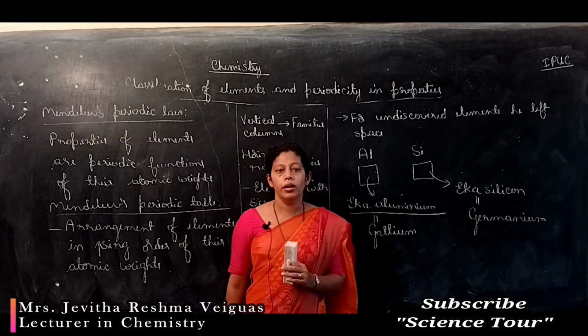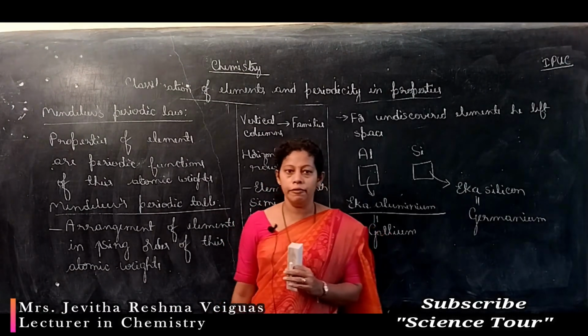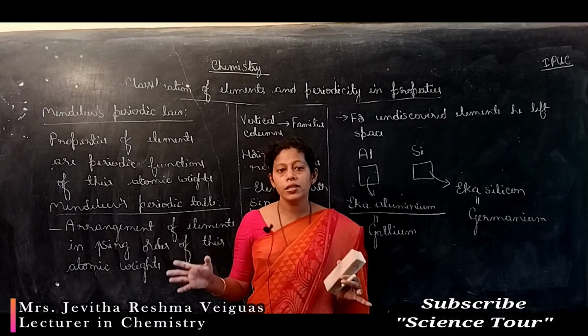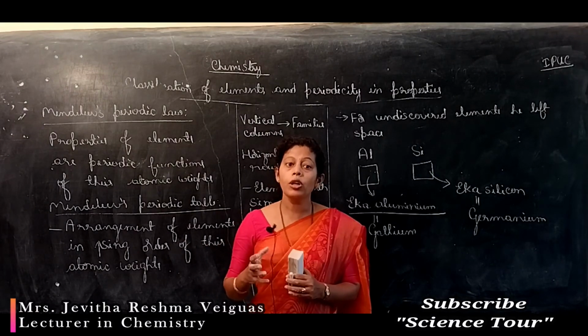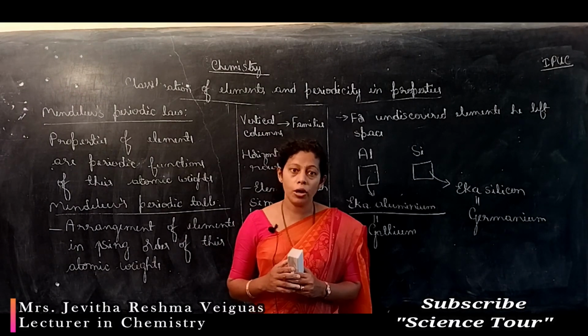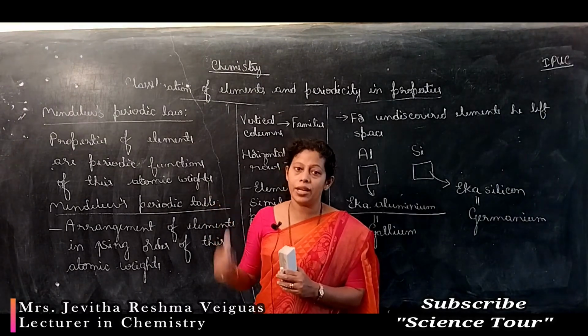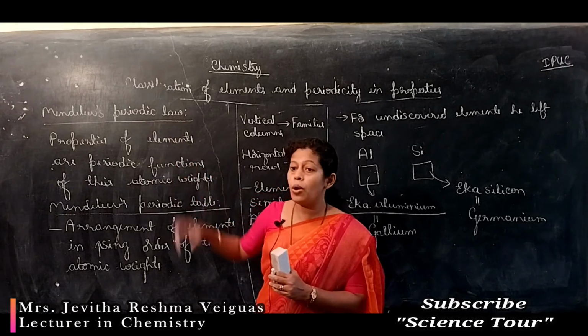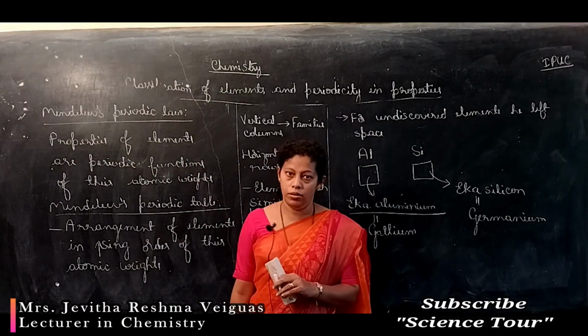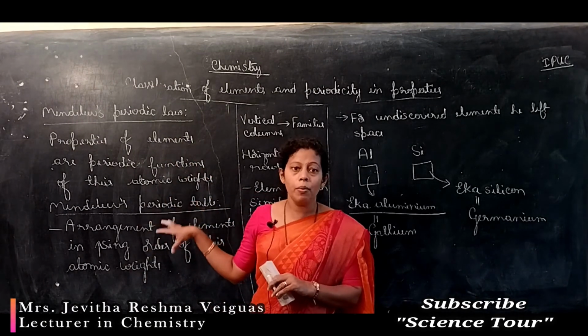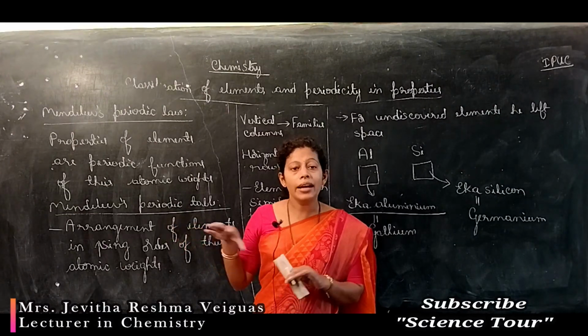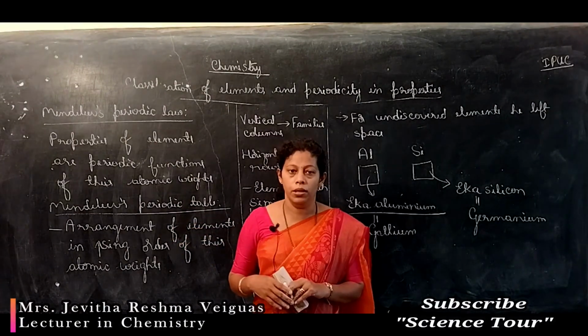I told you, Lothar Meyer and Mendeleev worked independently and simultaneously. But Lothar Meyer's work was not published. Mendeleev's work was published, it is recognized, and it is called Mendeleev's periodic table.